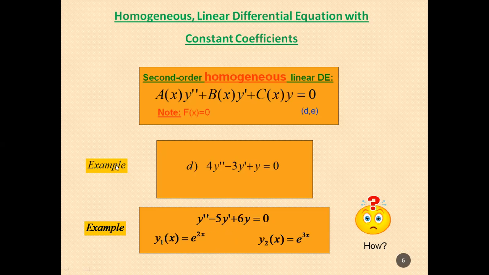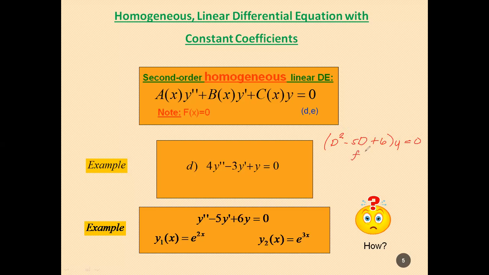So what do I mean? Let me annotate. I can rewrite the second order derivative as d squared minus 5d plus 6, then I place here y, and it's equated to 0.